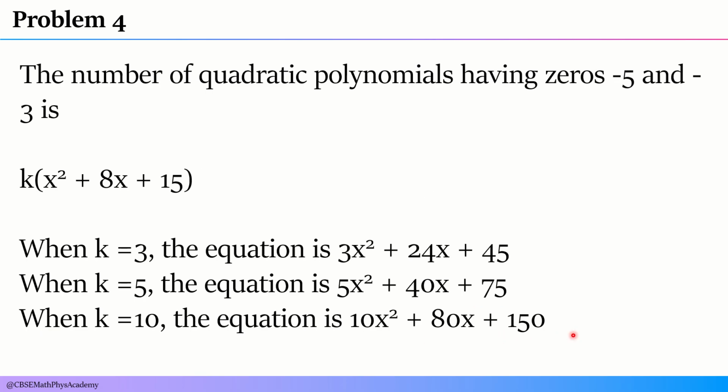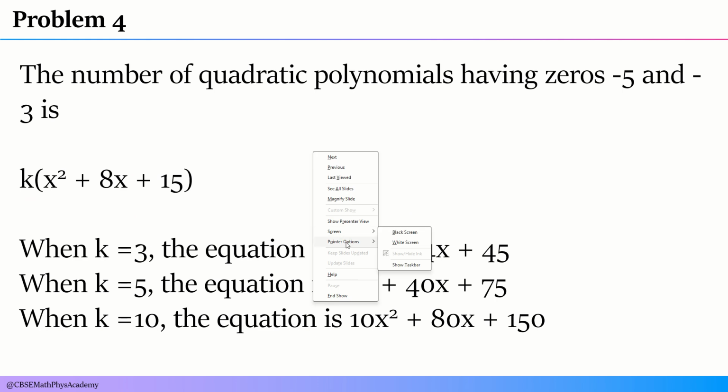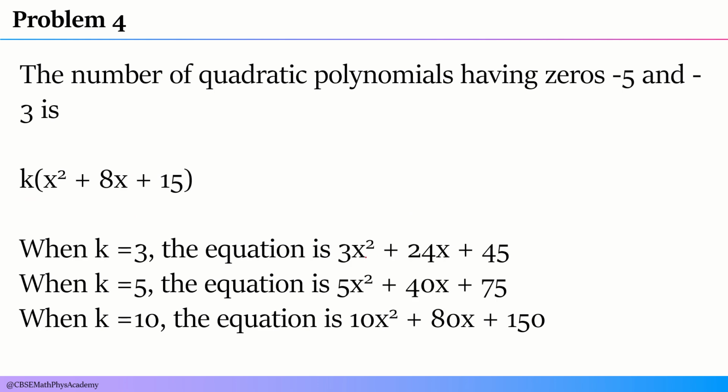To understand this problem slightly better, let me take you through an example. I am assuming 3 values of k to demonstrate my case: k equal to 3, 5 and 10. After multiplying by 3, we get the polynomial 3x square plus 24x plus 3 into 15, which is 45.